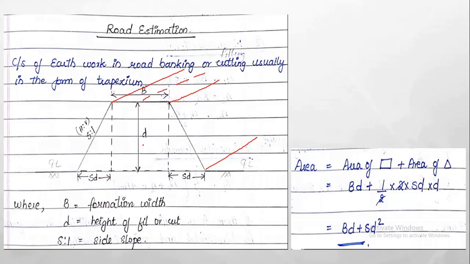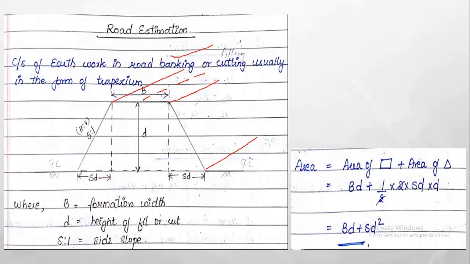And sometimes, if there is elevated ground on the way of road construction, we will have to cut that excess soil, and that is what we call cutting. I hope you now understand the difference between cutting and filling. Filling is also called banking.